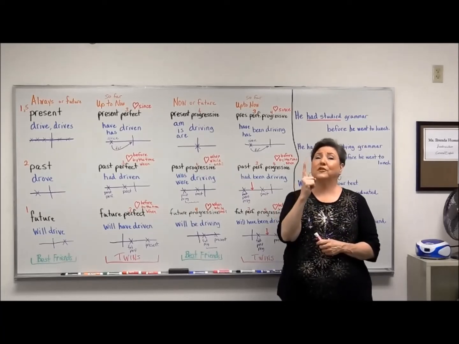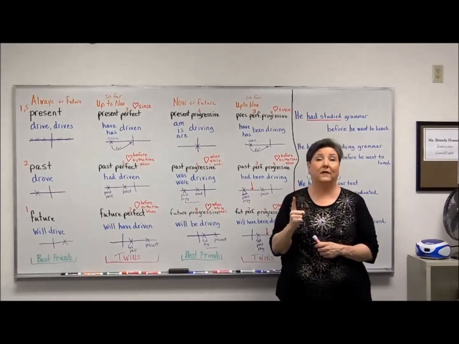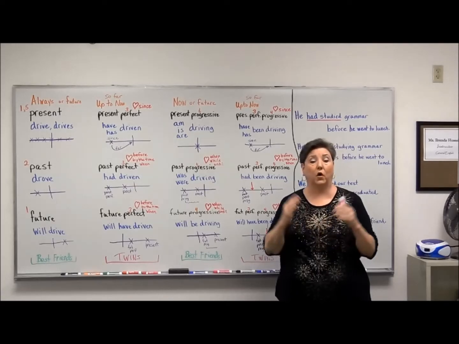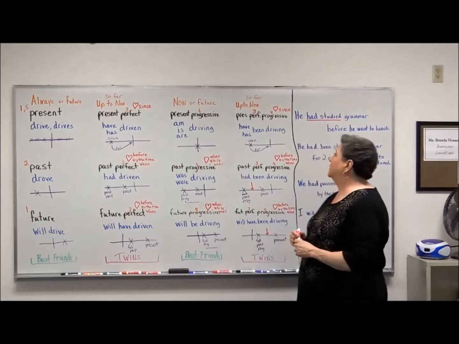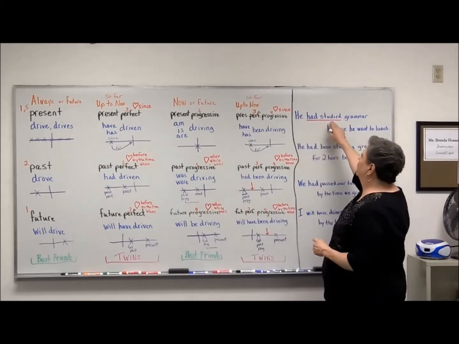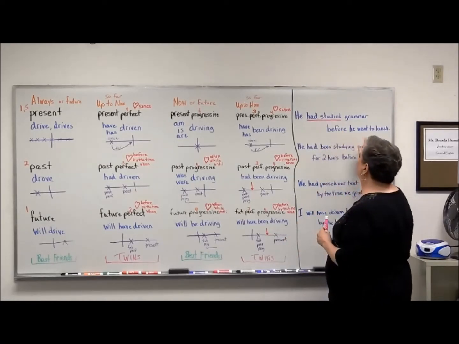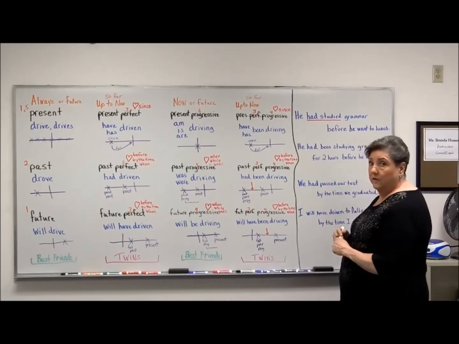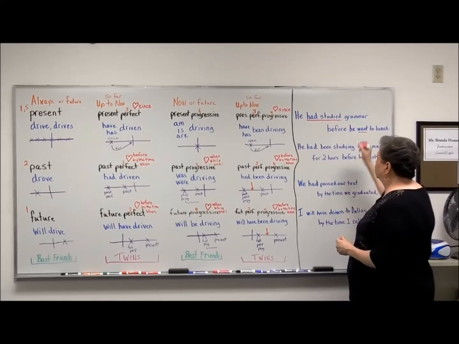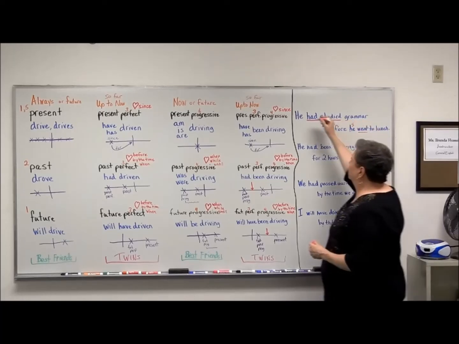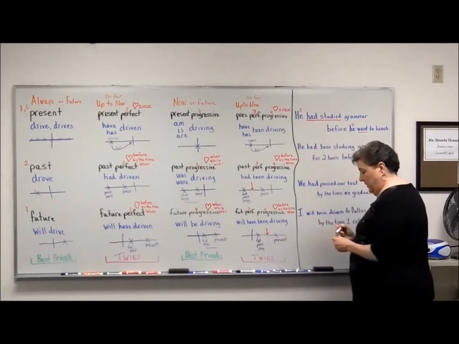The first word tells you the time. Always make sure you find the whole verb. Be careful, read carefully. So this is past perfect. And then you see before he went to lunch. Where's the verb? Oh, there's a second verb. Went. So here's my subject and verb here. Here's my subject and verb there.